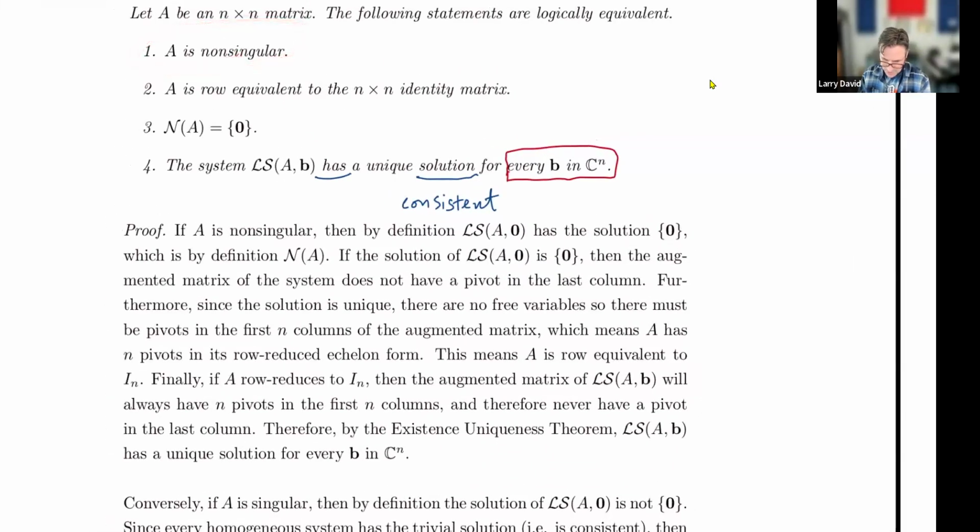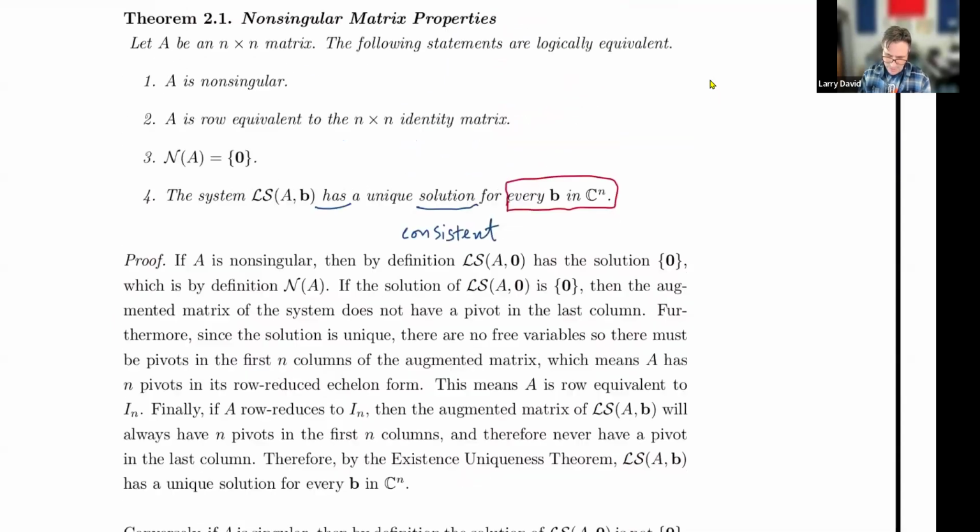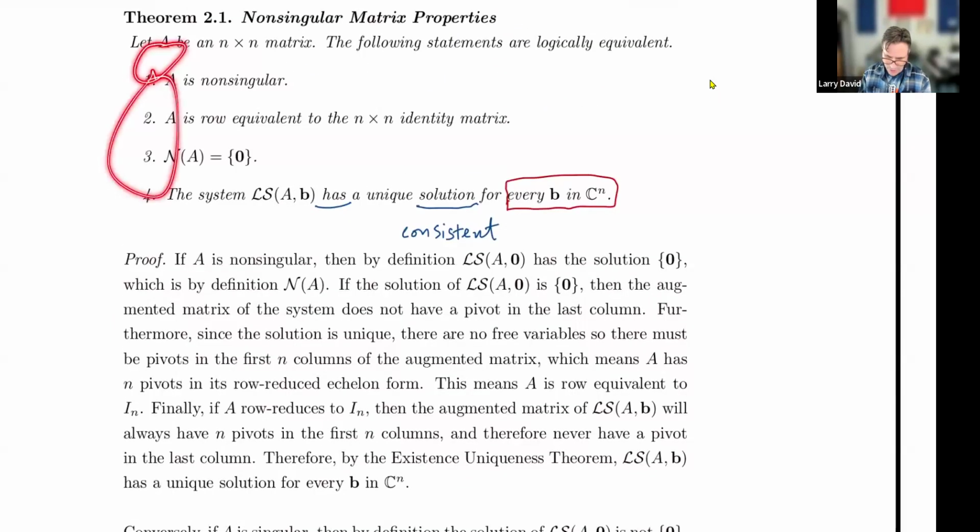In this case, the first one, if A is non-singular, well then that implies the other three, and then you have to make a connection back to number one, so that they all imply each other. And then you have to show the converse as well, because it's an if and only if statement. So if one is true, they're all true, and at least one of these implies one.